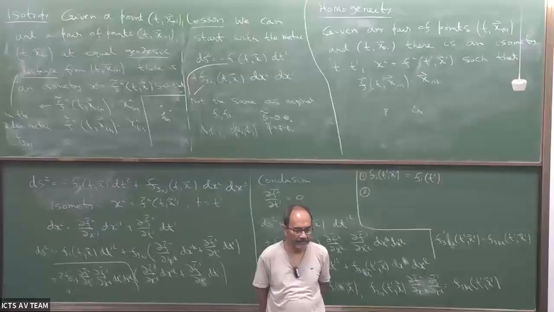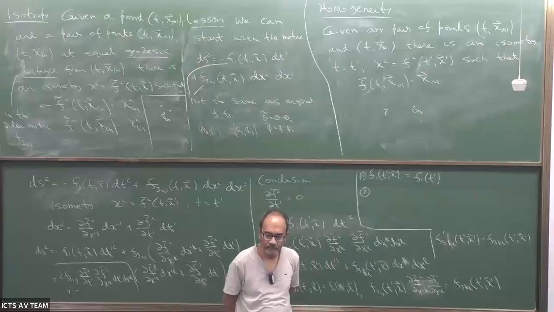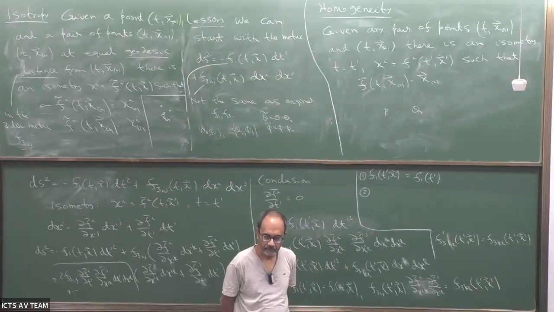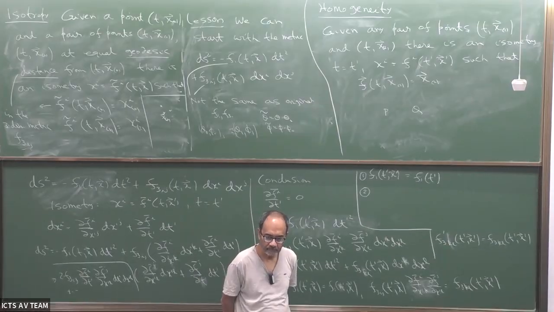Is this point clear? Here you can see that the three-dimensional metric is given by F3ij. Consider the transformations of F_i. The metric is the same. So the F_i's are isometries of the three-dimensional metric.